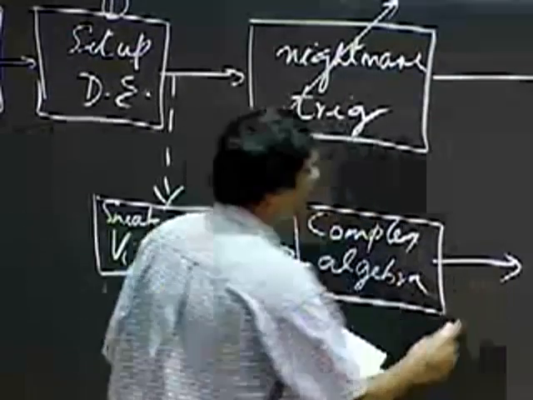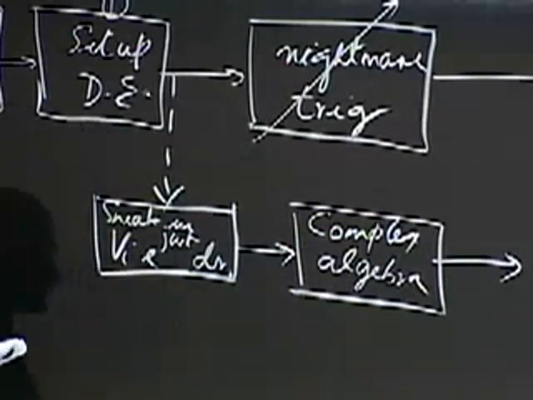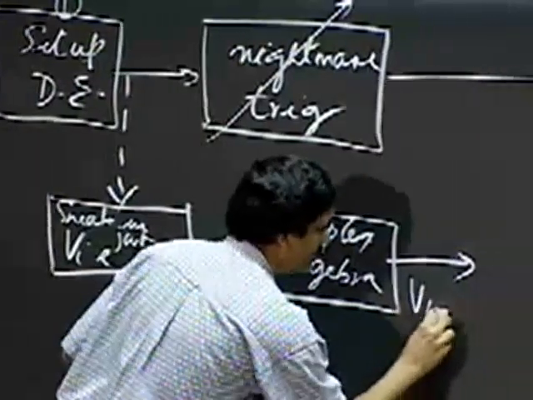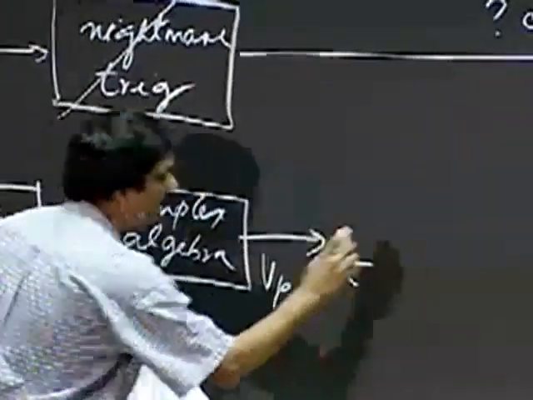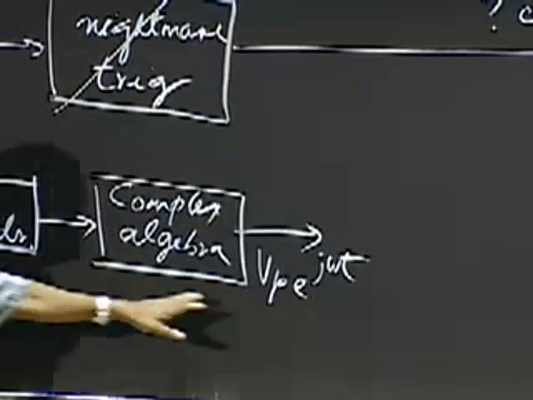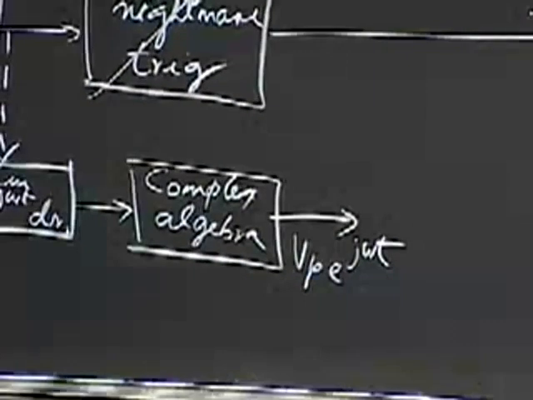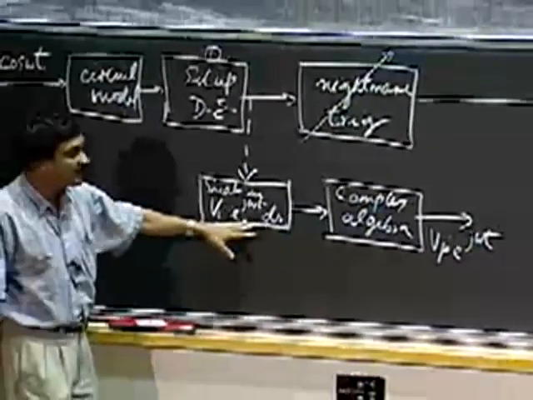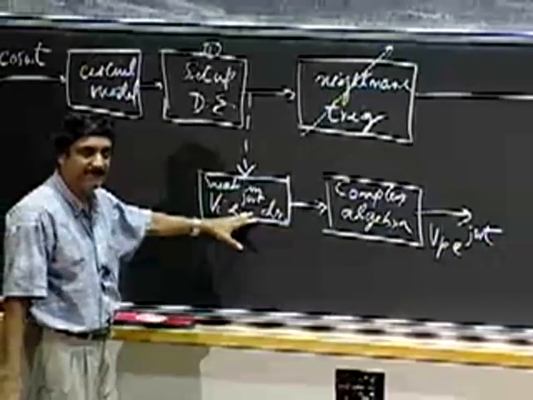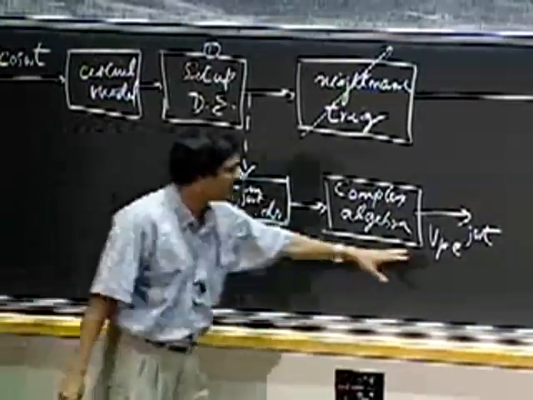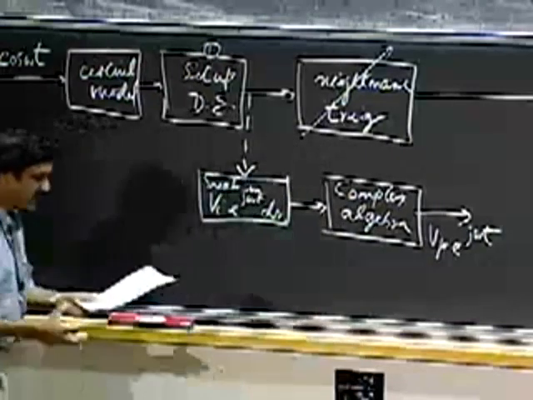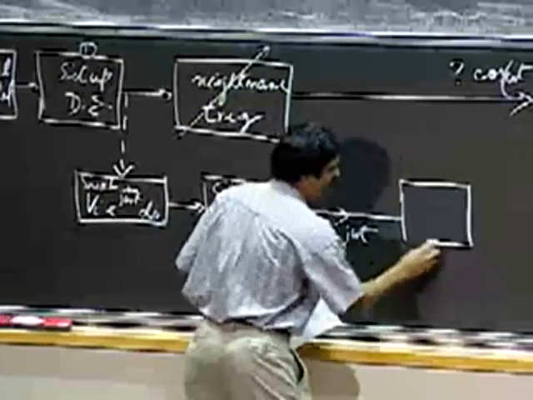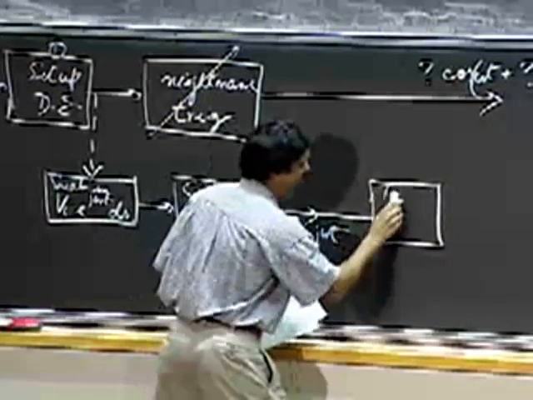And at the end of the day, after I grunged through some fairly simple complex algebra, I ended up with some response that looked like this, some Vp e to the j omega t. What I would find is that for the input Vi e to the j omega t, okay, I would get a response Vp e to the j omega t. Okay? And then what I said we do is take the real part.